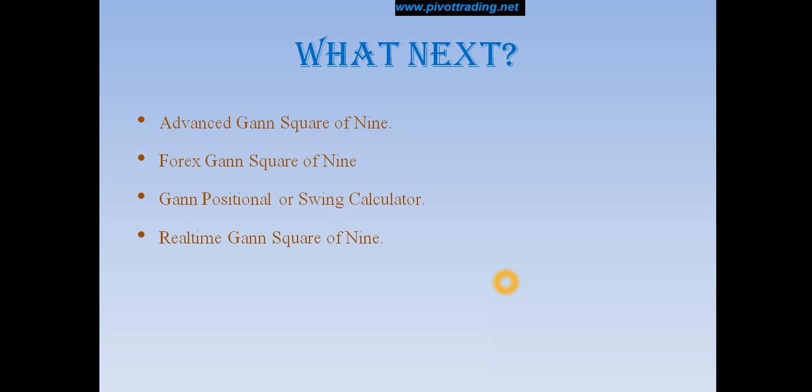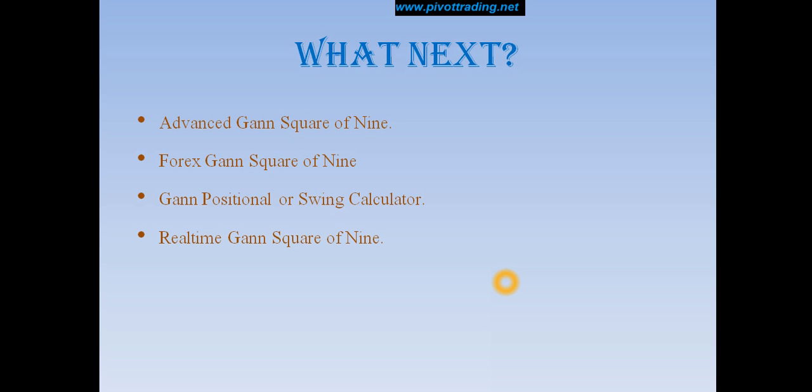We have prices ranging from 1 dot and 4 decimal places. It does not go beyond 100 rupees. Hardly any Forex conversion rate would go beyond 100 rupees. So this Forex Gann square of 9 is specifically designed for Forex calculations. We will look in some other presentation at how we can leverage this particular calculator.